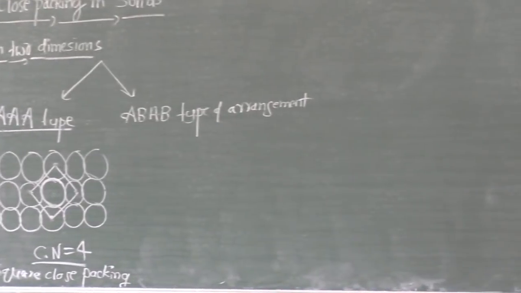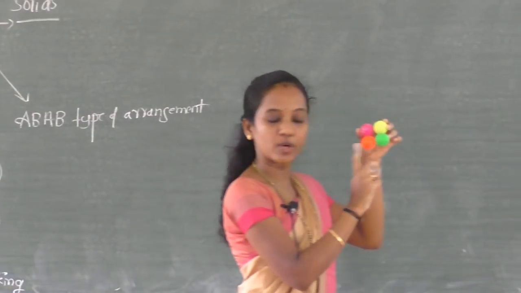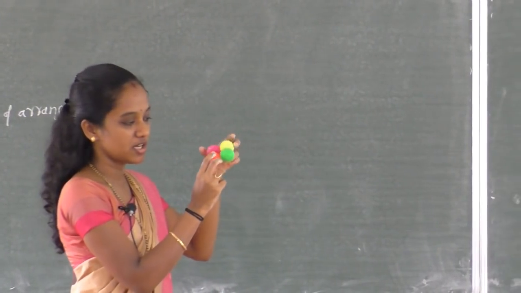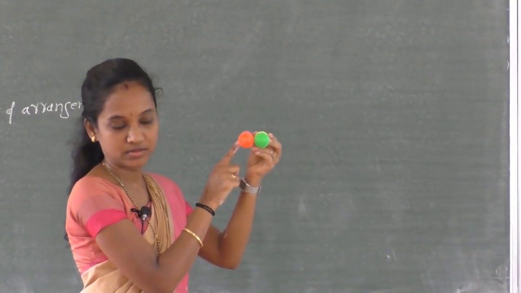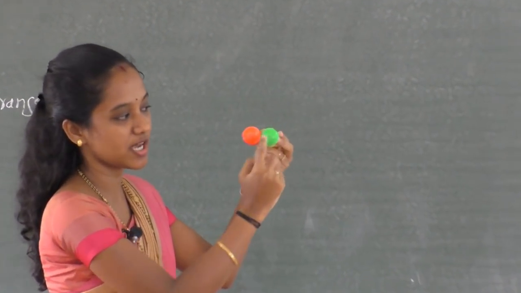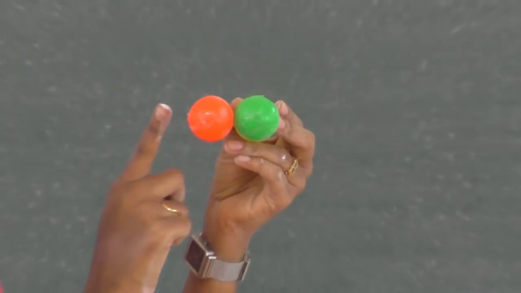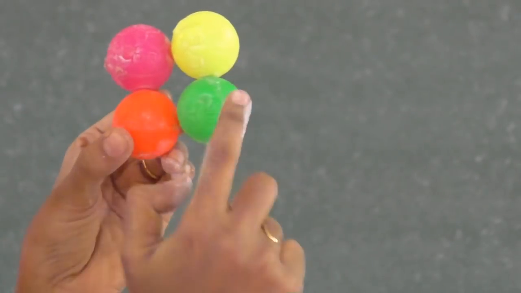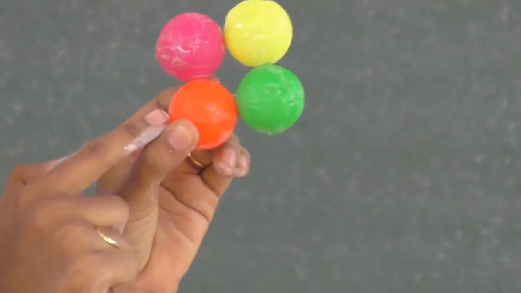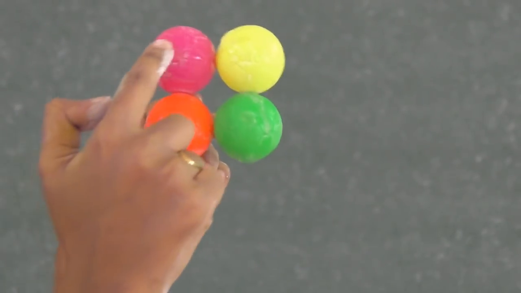See here, this is a 2-dimensional close packing structure, having length and breadth. Only 2 dimensions or 2 directions are there, length and breadth. So this is AA type. The first layer is A type, the second layer is also A type.